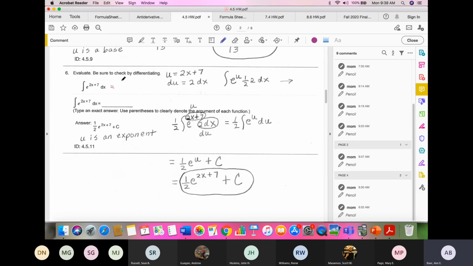So what I want to do is rewrite this in terms of x's, keeping in mind what I need to do. First of all, I'm going to copy this e to the 2x plus 7. But we need to get a 2 right in front of that dx.